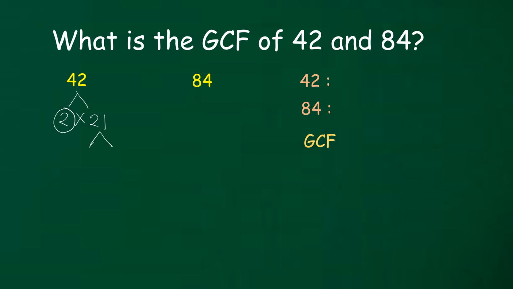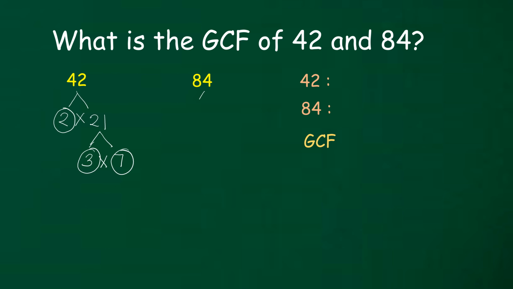If we divide 21 by 3, we will get 7. So we can factor this as 3 times 7. So 3 is prime and 7 is prime.